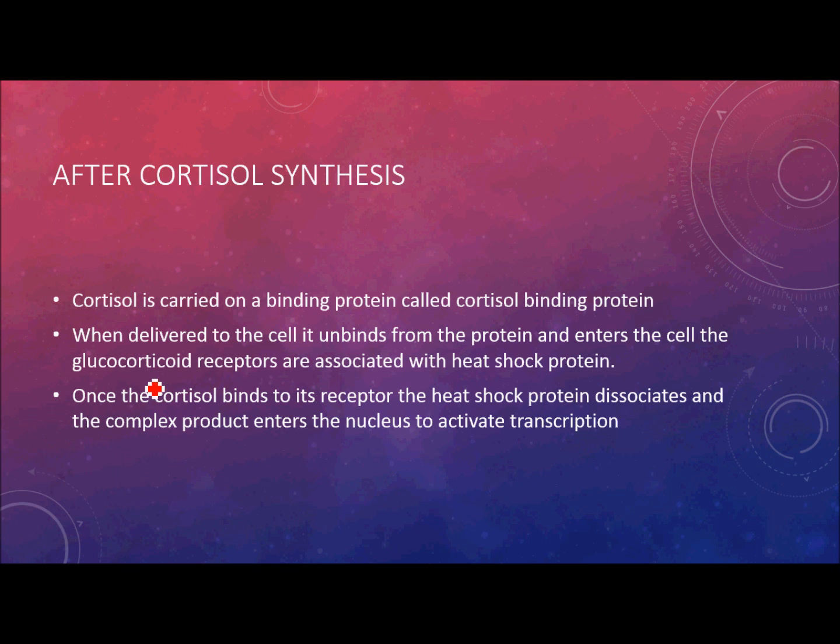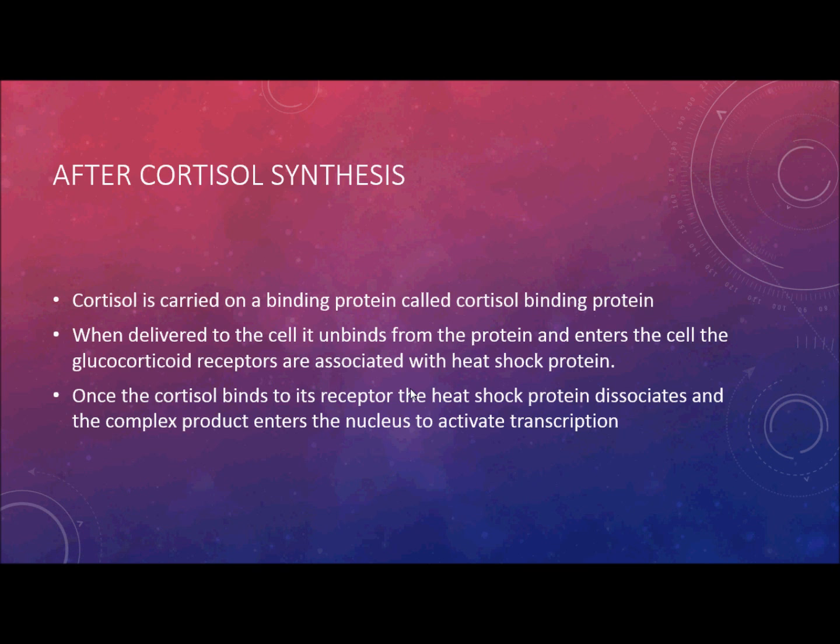And once the cortisol binds to the receptor, the heat shock protein starts to dissociate, and the complex goes to the nucleus and activates a transcription factor forming messenger RNAs. So what are heat shock proteins?